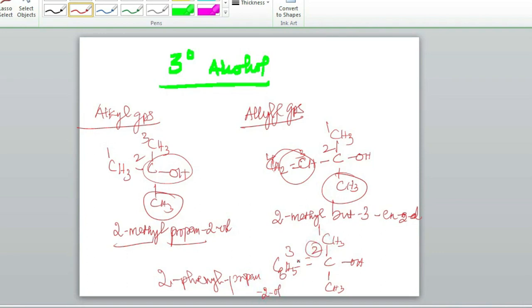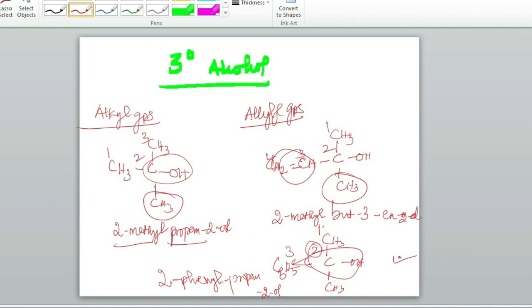The second position is phenyl, propane means 1, 2, 3, and the second position is the alcohol. So this is for the tertiary alcohol. The classification is that the OH group is attached to the alkyl, allyl and benzyl group, on an sp3 hybridized carbon.